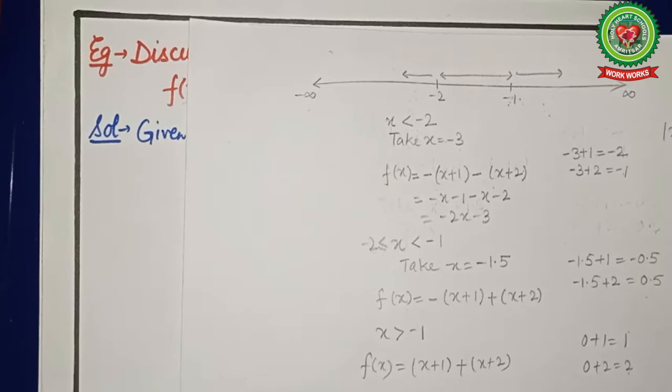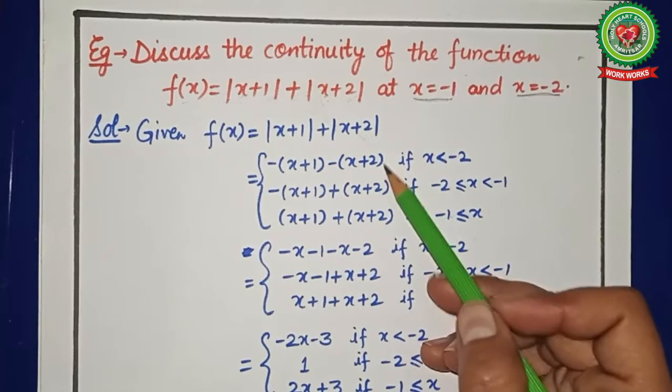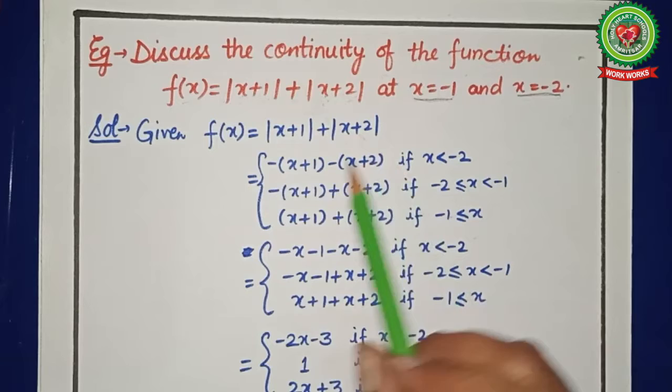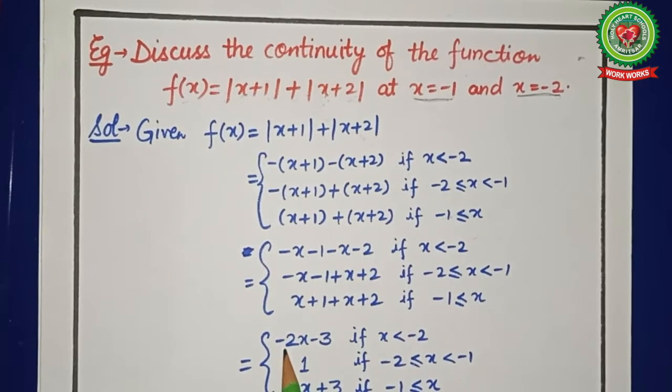So these are all the calculations that I have shown you. You have to work according to it. Now I have written directly here. On simplifying, f(x) = -2x - 3 if x is less than -2.